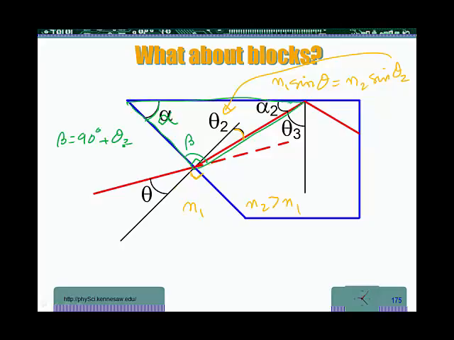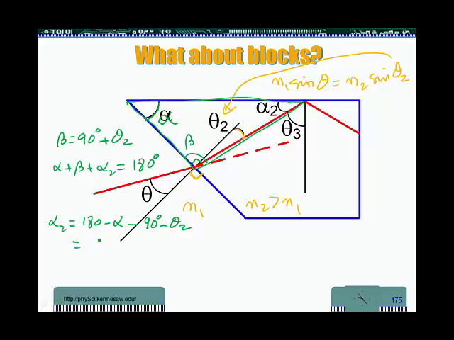And then, reconsidering the triangle, what do we know about triangles in general? One general property: all angles should add up to 180 degrees. In this case, alpha plus beta plus alpha 2 should be equal to 180 degrees. So we replace beta by 90 plus theta sub 2 and solve for alpha 2. Alpha 2 is equal to 180 minus alpha minus beta, which is minus 90 degrees minus theta 2.